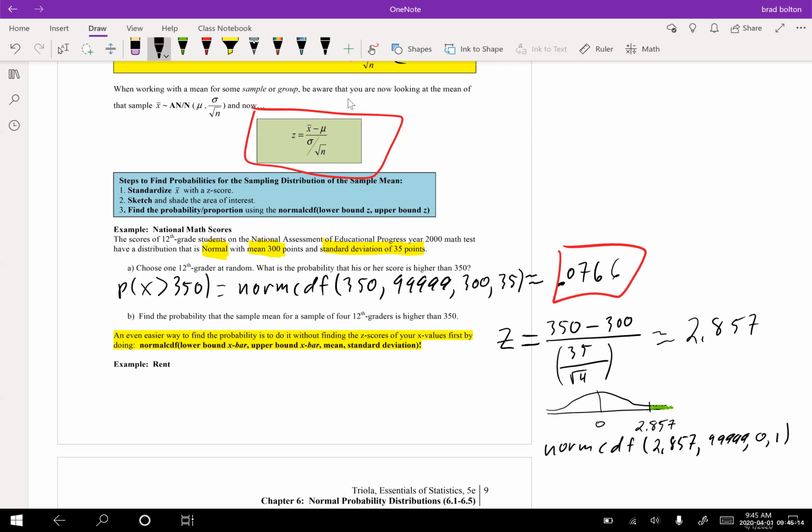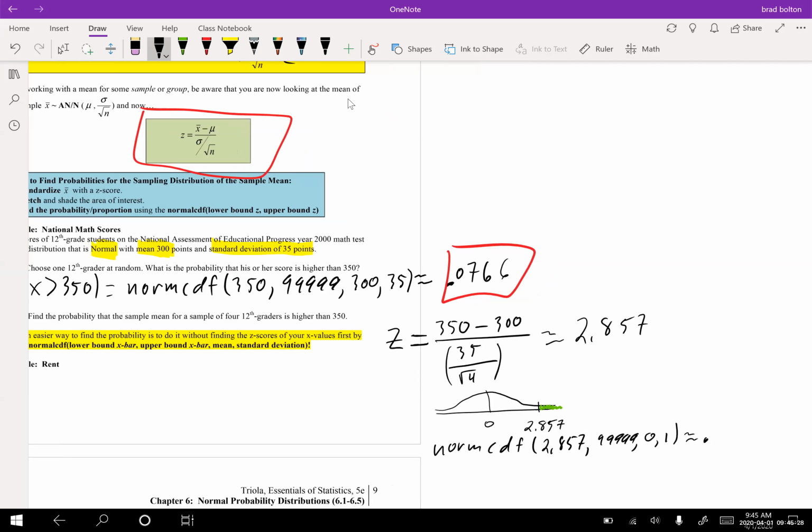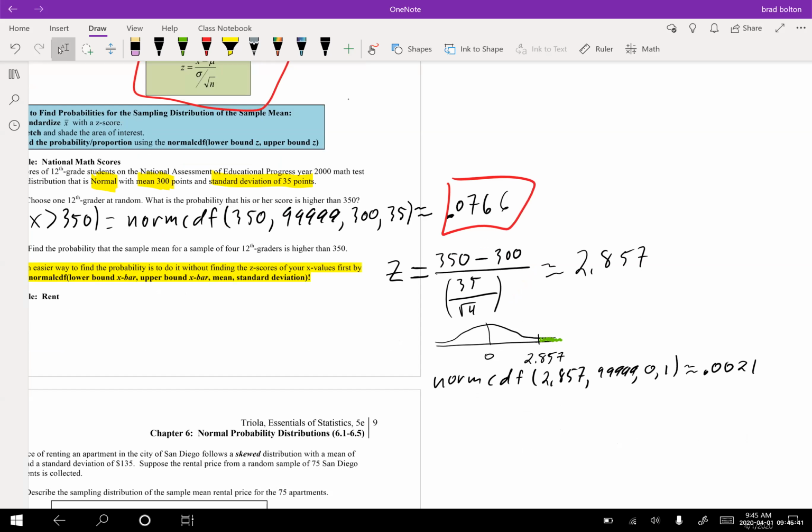Okay, so we're going to do second, normal CDF of 2.857, 99999, 0, comma 1. And I get approximately 0.0021. So very small, that's 0.2 of 1%, okay? So that's 0.2%, all right?